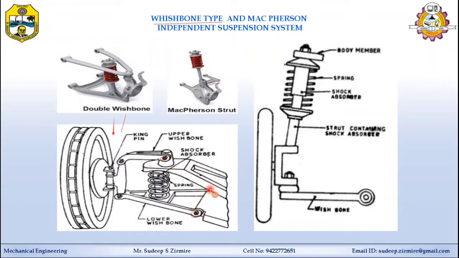And second, the spring is placed in between the lower wishbone. You can see here it's set at the lower wishbone and underneath of the frame. And the vehicle weight is transmitted from the body and the cross member to the coil spring, to the lower wishbone member.